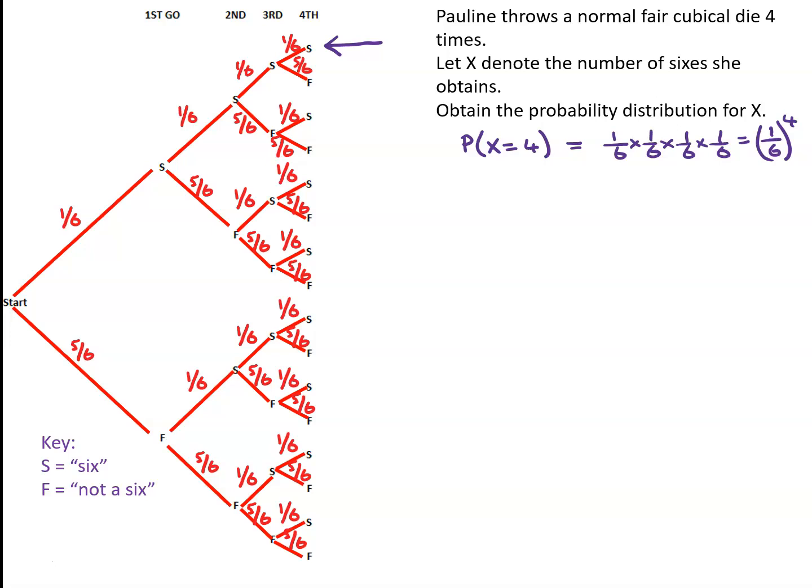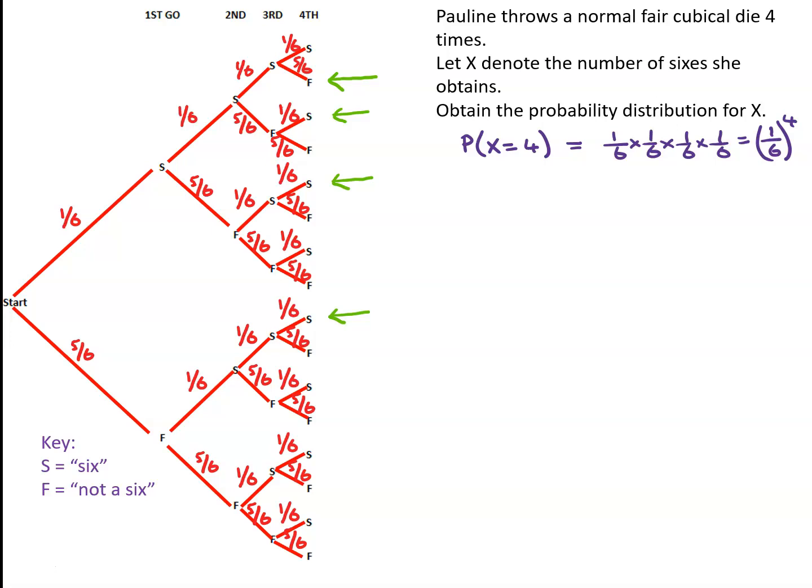If we look at the diagram, there are 4 different ways in which we can get 3 sixes. We can go 6, 6, 6, fail; 6, 6, fail, 6; 6, fail, 6, 6; or fail, 6, 6, 6. So we've got 4 ways of doing it.